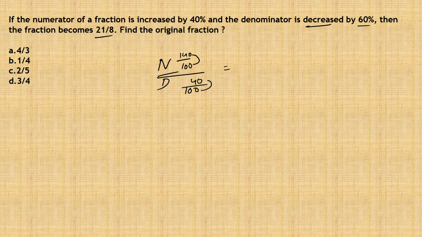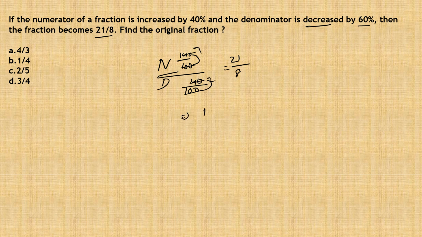And the new fraction becomes 21 by 8. We need to find the value of n by d. We can cancel 100 from here. 2 2s are 4, 7s are 7.